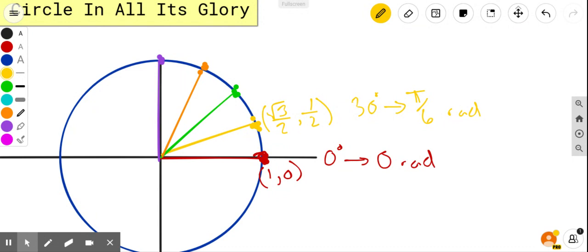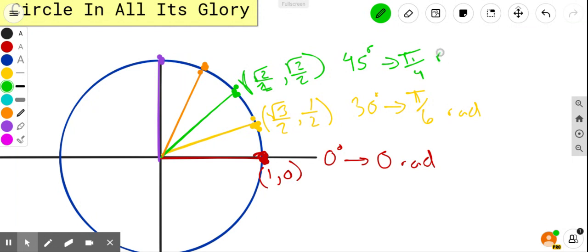This one right here in the green is, let's make it green because it's color coding. This one produces radical 2 over 2 comma radical 2 over 2, which corresponds to the 45 degrees, also known as pi over 4 radians. Right.